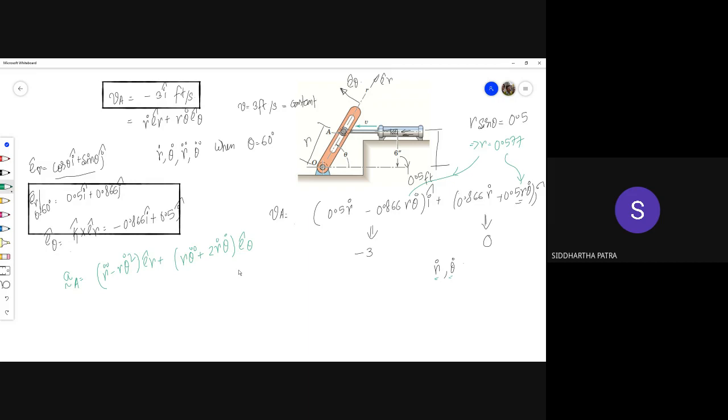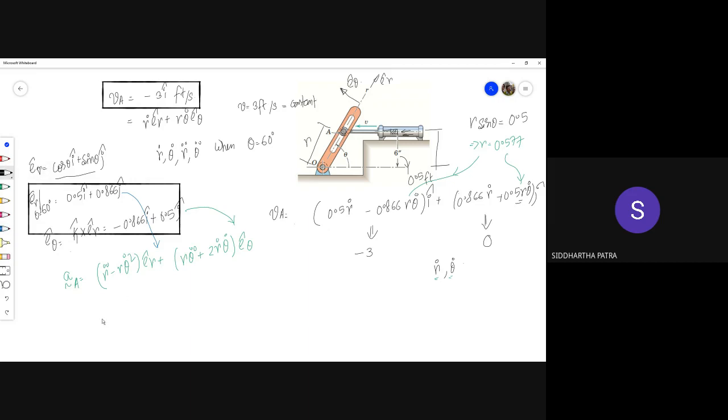Now again in this case you can substitute the expressions of er and e theta in these two expressions, and then compare the components of the acceleration with the Cartesian representation.